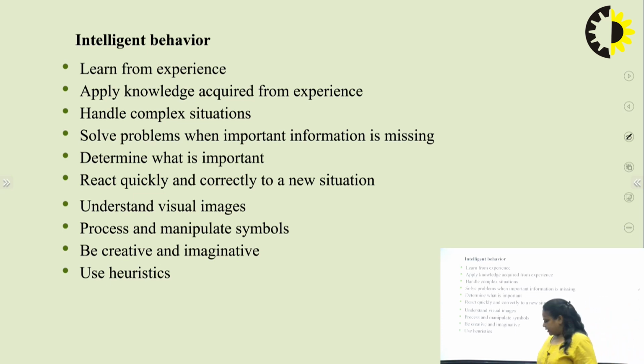So first of all, when I'm talking about intelligent behavior, we learn from our experience. Whenever we have certain problems, we always learn most of the things from our experience. Again and again, when we are refining ourselves, we are gaining experience, and after that experience, we are in a learning phase where we can understand how to solve that particular problem.